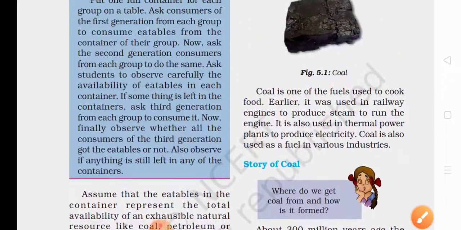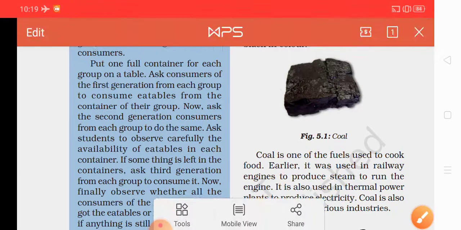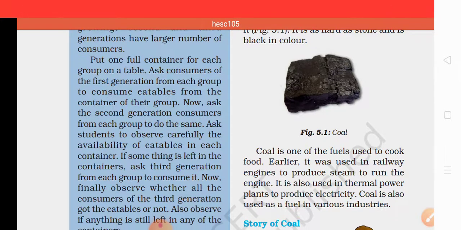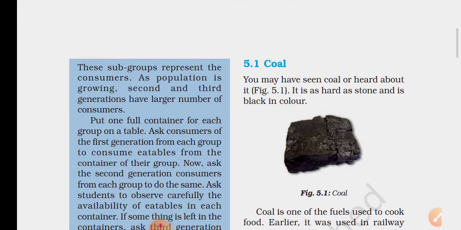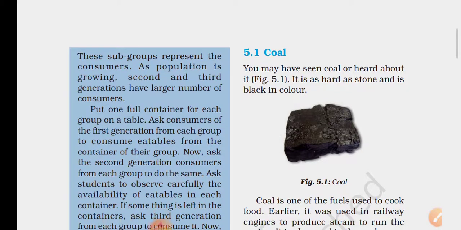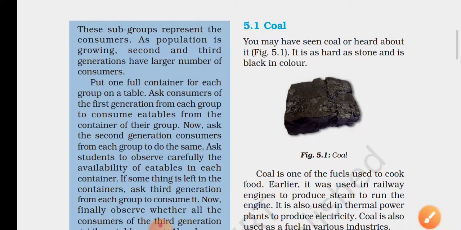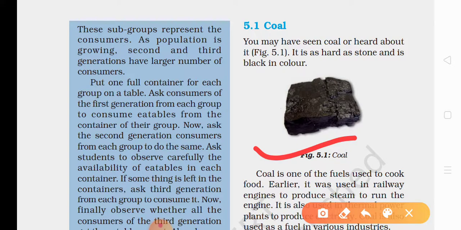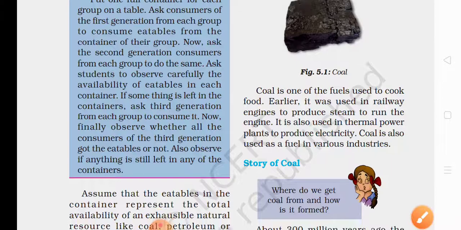The first topic is coal. What is coal? You may have seen coal or heard about it. As you can see in this figure, this is coal. It is as hard as stone and is black in color. Coal is one of the fuels used to cook food.